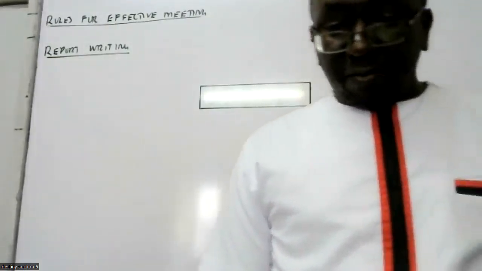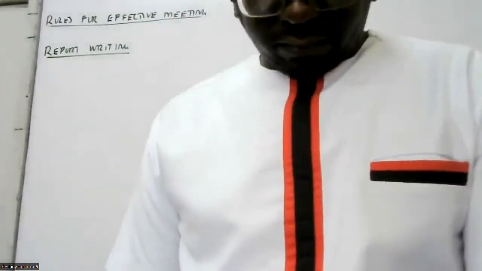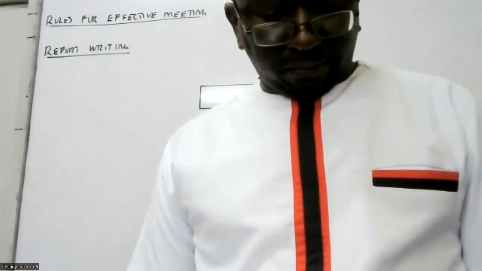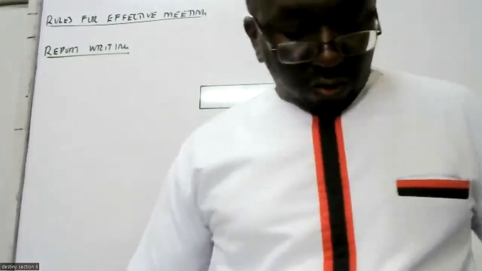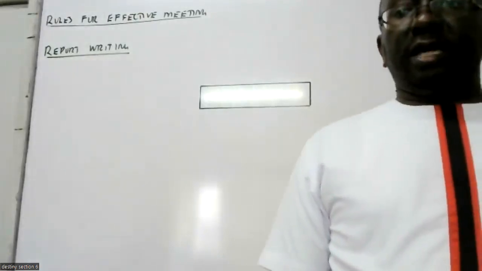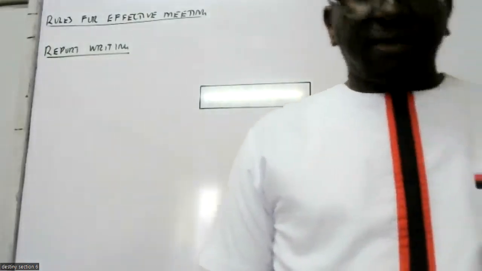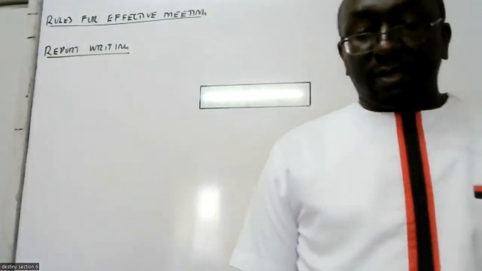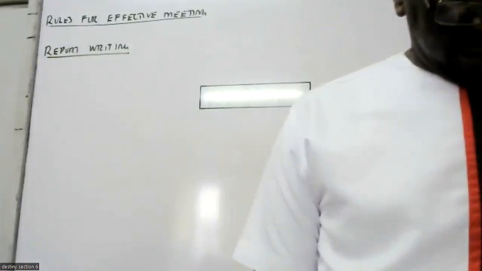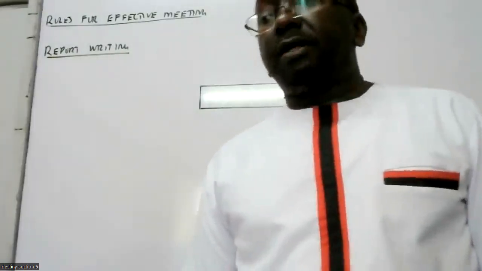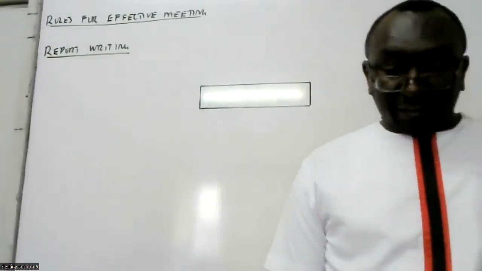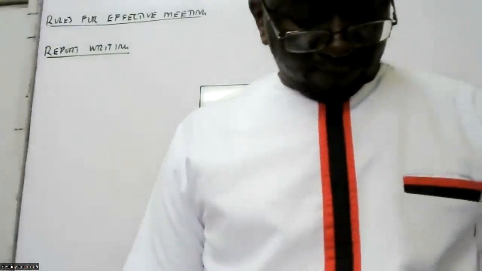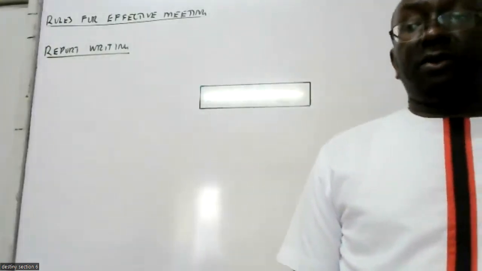Qualities of a good report. One, you just list them, because there are things that you can explain in your own words. One is complete. Number two is clarity. Number three is concise.